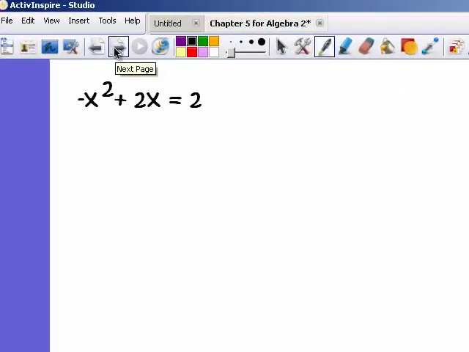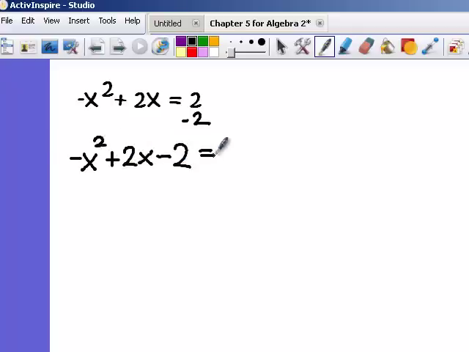And here's another one. So the first step again is to make it in standard form. So we're going to minus the 2 over. And set it equal to 0. We need our A, B, and C values. A would be -1, B is 2, and C is -2.